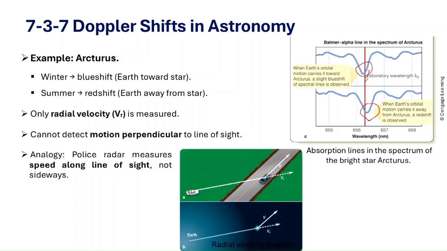So only the component of velocity along our line of sight produces a Doppler shift, and the sideways motion is invisible to this method. So by carefully measuring tiny shifts in spectral lines, astronomers can calculate radial velocities of stars, planets and galaxies. How amazing, right? And that's all thanks to Doppler.